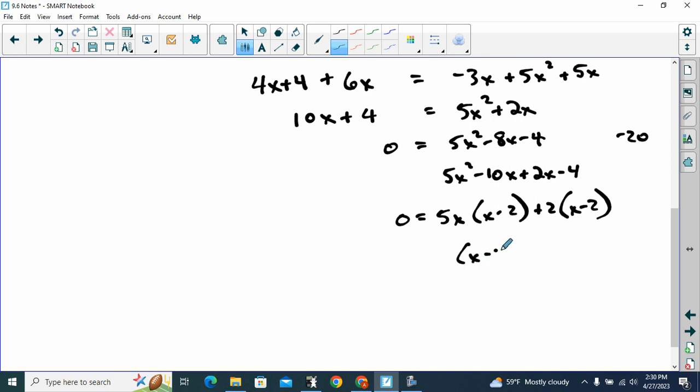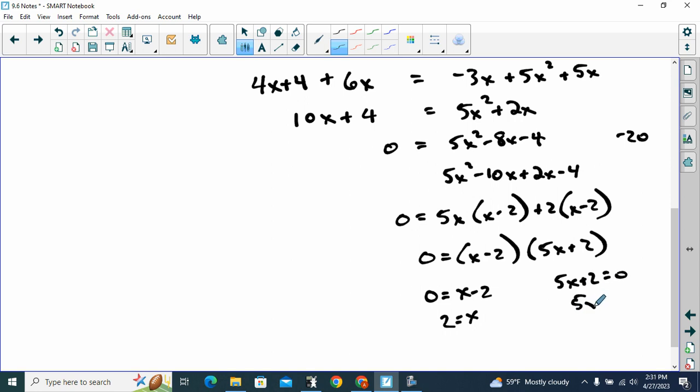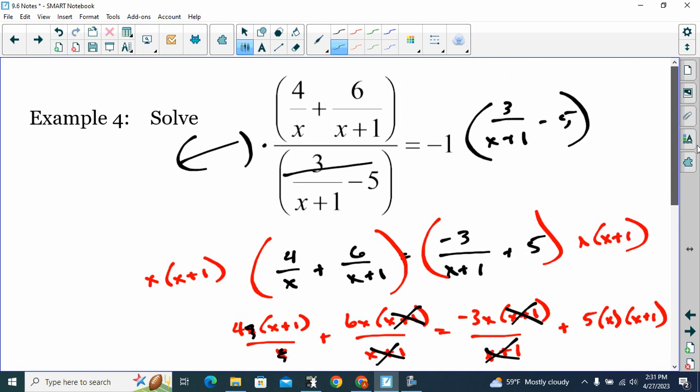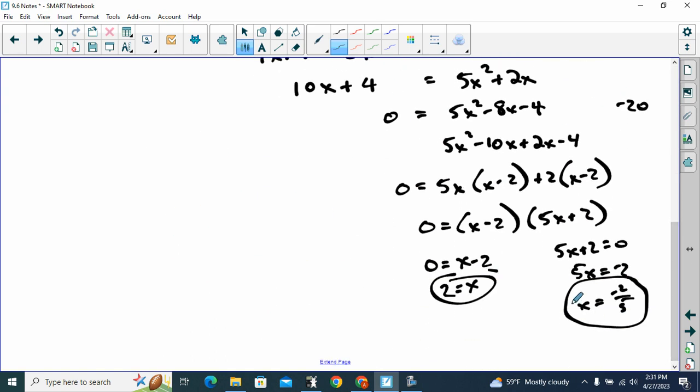So my factors are x minus 2 times 5x plus 2. Set each factor equal to 0, and solve. I get x equals 2, x equals negative 2 over 5. Neither of which make us divide by 0 anywhere. So both check.